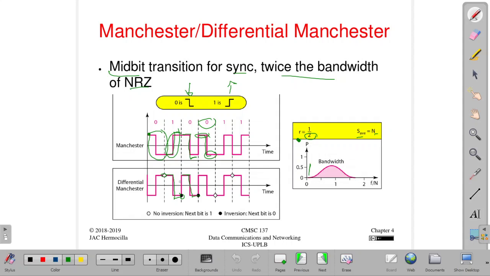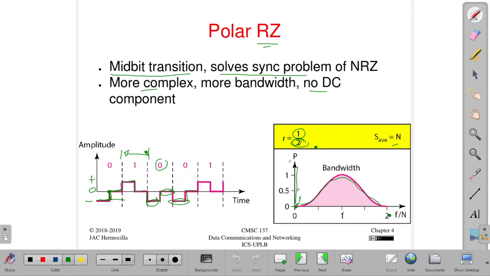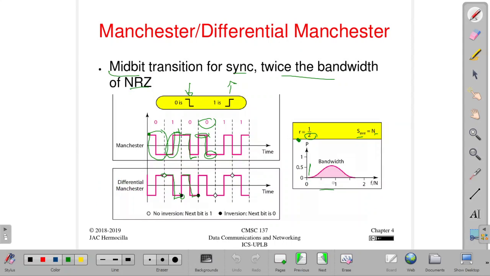Okay, so that's Manchester and differential Manchester, and it's the bandwidth. So you can compare the bandwidth here. Okay. So it's 1, here 0.5.